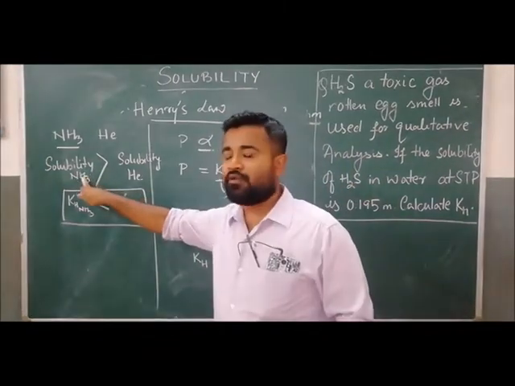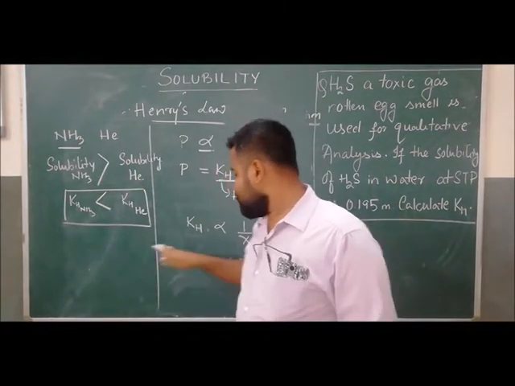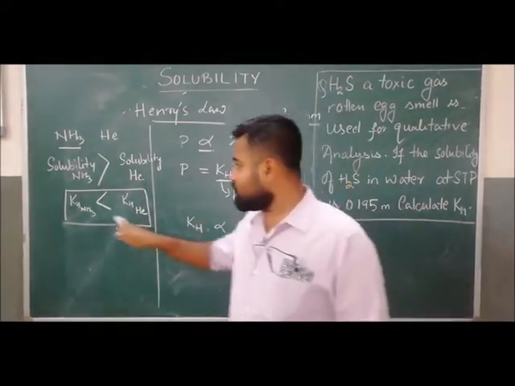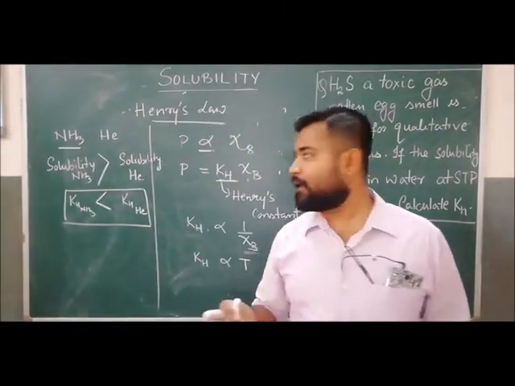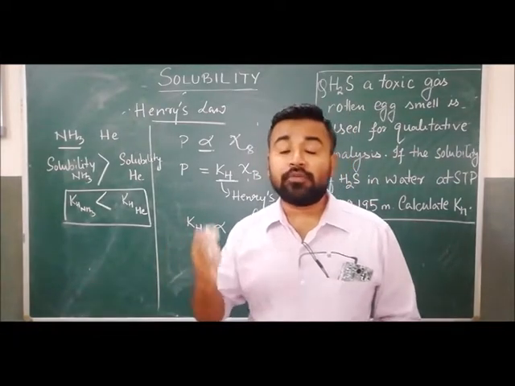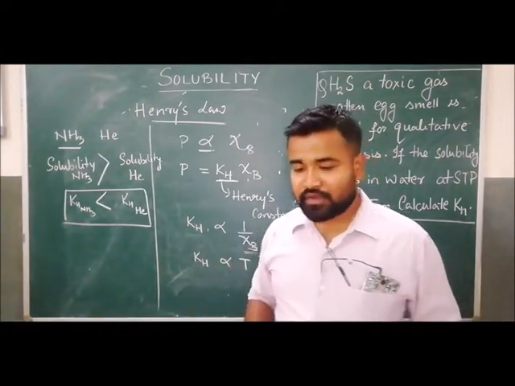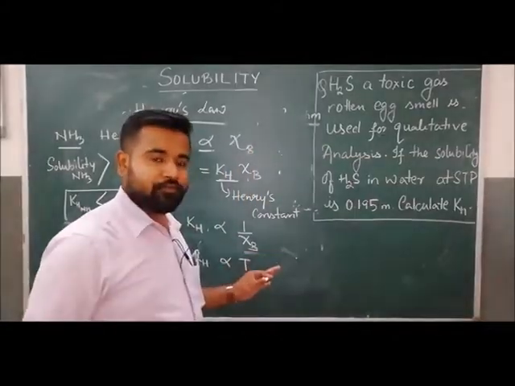That's why the solubility of ammonia is more than the solubility of helium. So from this equation we can say the KH value of ammonia is smaller than the KH value of helium. It means the lower the KH value, the greater the solubility of the gas. Clear? So this is about Henry's law.